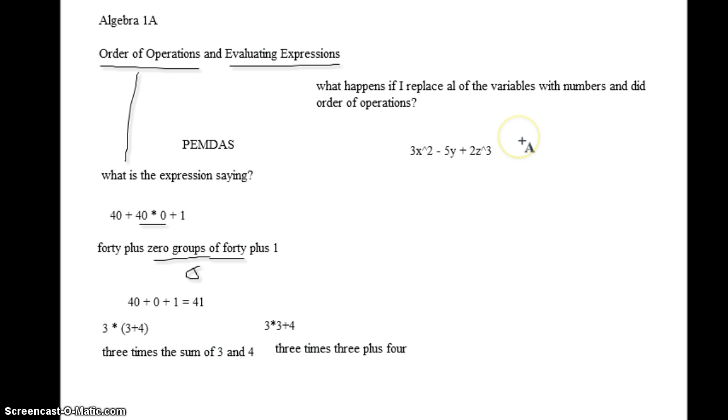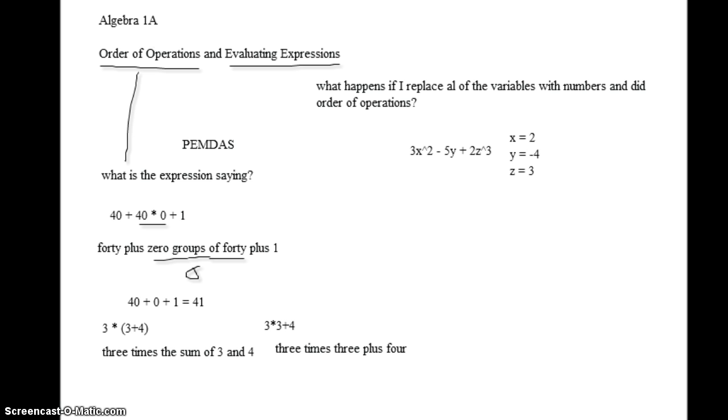First off, you couldn't evaluate this expression unless you had the actual letter designations. They would have to define the letters at the beginning: x equals 2, let's say y equals negative 4, and z equals 3.